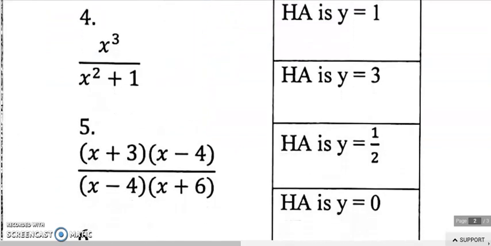Finally, when I scroll down to number 4, I notice that x cubed is the highest power. Once again, I do not see an x cubed in the other part of the fraction. So I'm going to pretend that I see a 0 x cubed. And I'm going to fill in the 1 that's missing in front of the x cubed in the numerator.